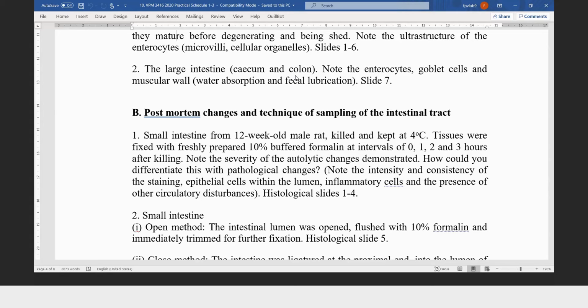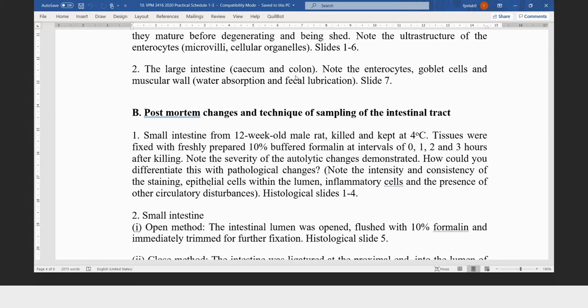So that's why when we talk about necropsy, we have the routine technique, but another one is that you need to do a specific technique. Specific technique means that you focus specifically on the organ, when you suspect that the disease is really in the intestine.